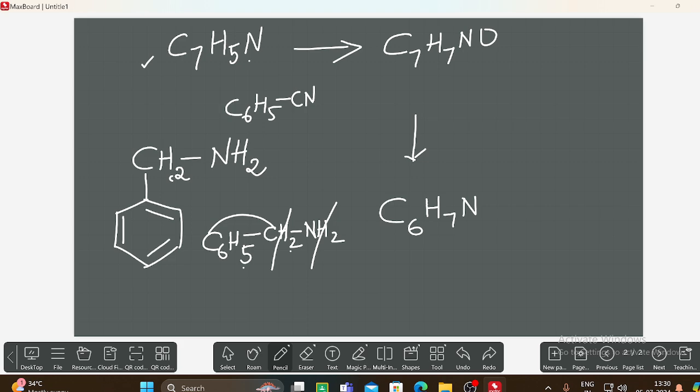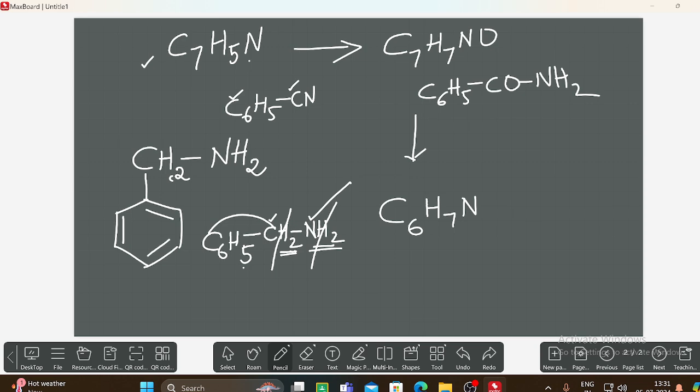So it is the same pattern, but here C7 is finished and H7 comes, so I need to add 2 hydrogen and one oxygen. Where will I add the oxygen? Carbon only we can add, right? I can add the hydrogen on the nitrogen and the oxygen on carbon. Then C6H5CONH2.